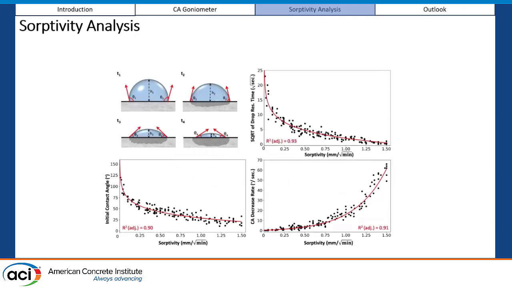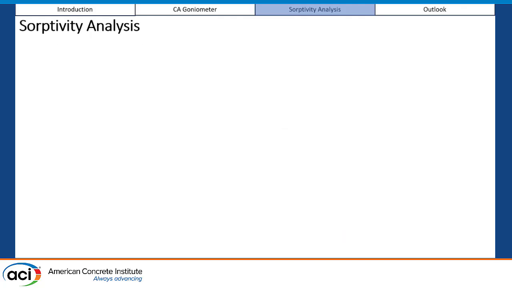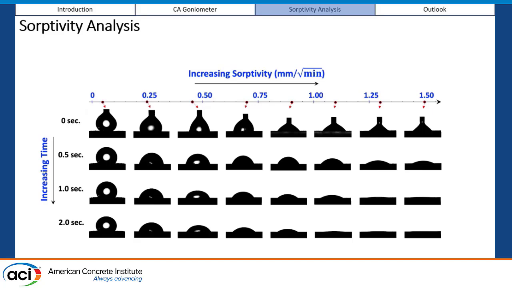And of course, I noticed that the time required for the droplet to be absorbed by the surface, which I call droplet residence time, is also correlated with the sorptivity. Here's a schematic of different cementitious surfaces, where each column is one sample, and this is a time scale from 0 seconds to 2 seconds.